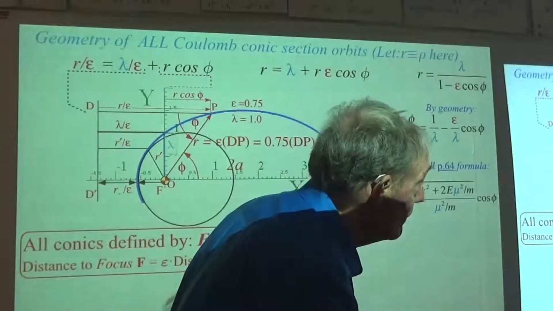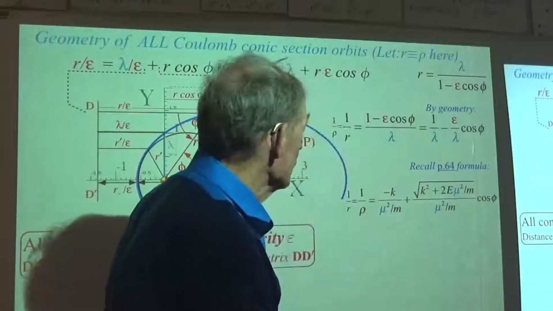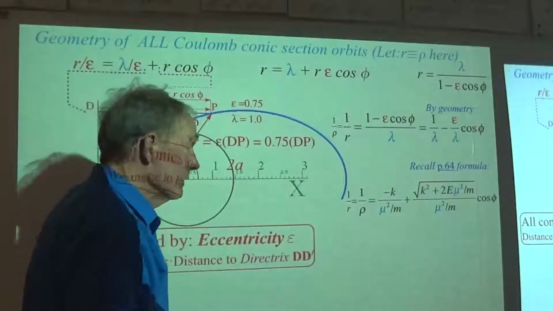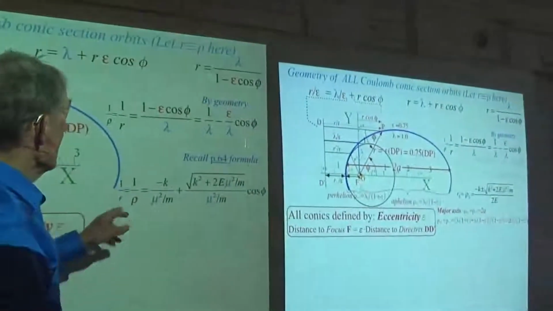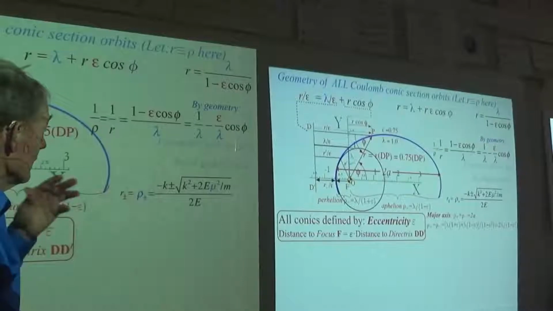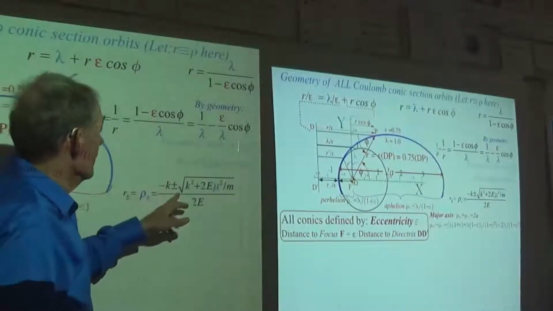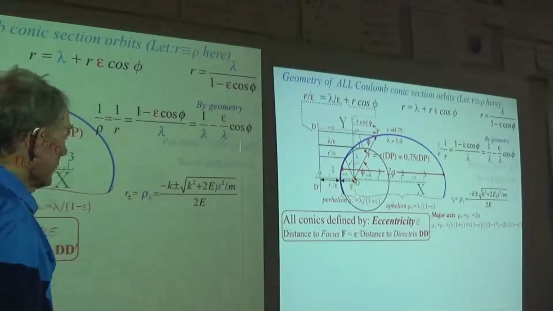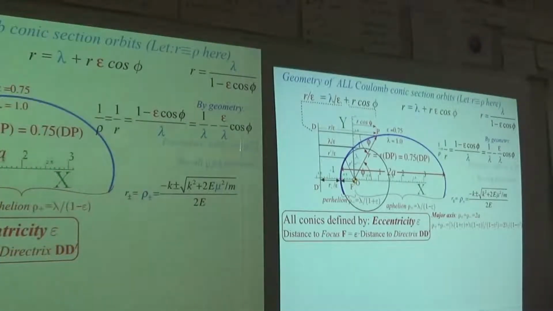There's probably a more useful way to write that particular formula than this. Replace that with this. And so what we're seeing here is a radius. That's the r plus and the r minus, and there's two of those radii.